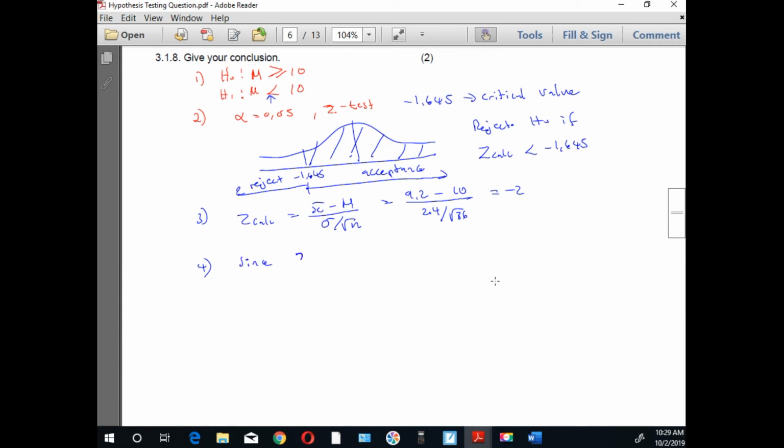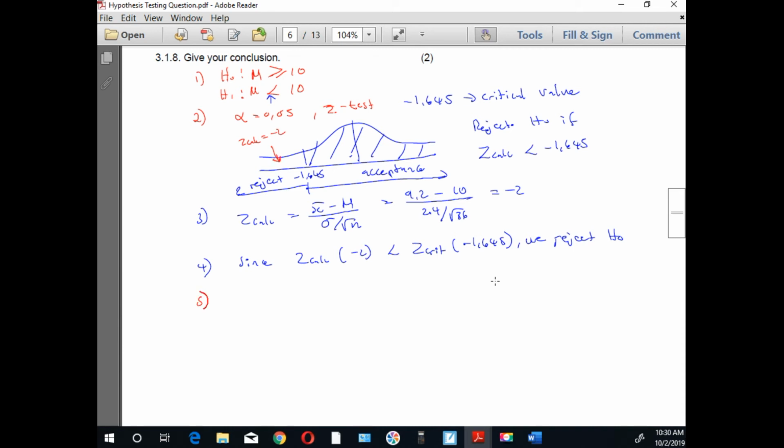Since Z calc, which is negative 2, is less than Z critical, which is negative 1.645, we reject H0. So our Z calc lies somewhere here, negative 2. You can see on the graph, it lies within the rejection area.